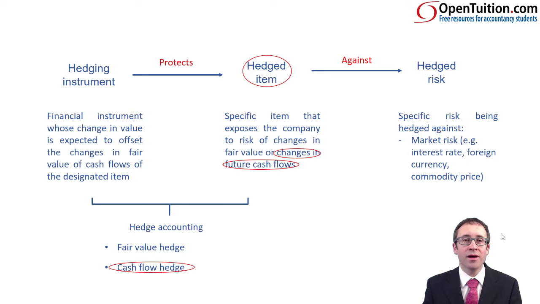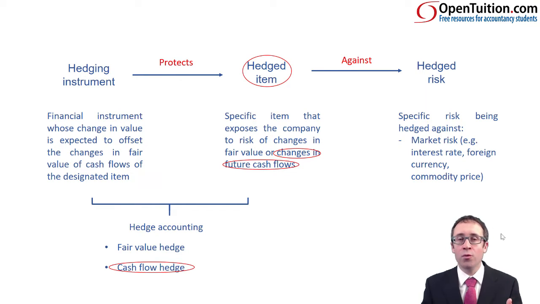So if there are any future purchases of assets within the business, if you're in the airline industry and you are looking to protect the future purchase of jet fuel, then you will be entering into a cash flow hedge because you are trying to protect the value of that future cash flow. You are concerned that the price of jet fuel will rise.